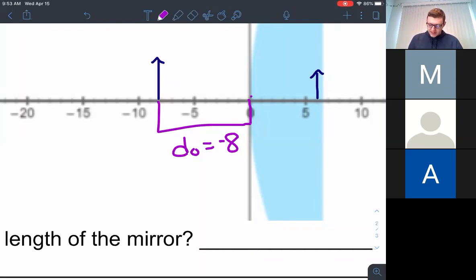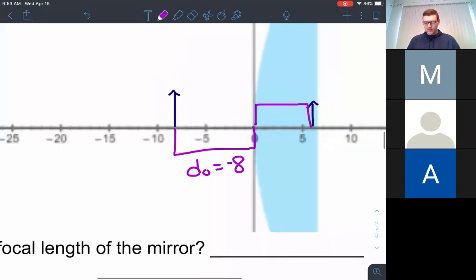And then our DI is going to be this area. So what's our value for DI? +6. That's 6. Perfect. These are both centimeters, so I'm going to add those in because we'll have to add units at the end.